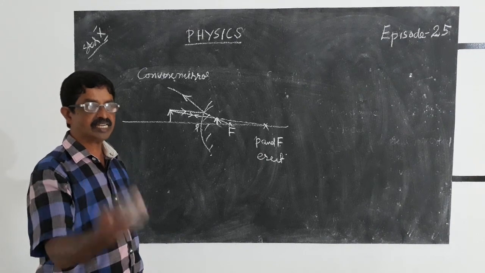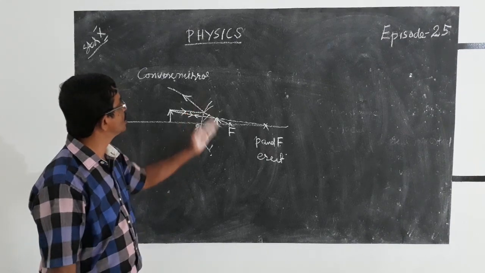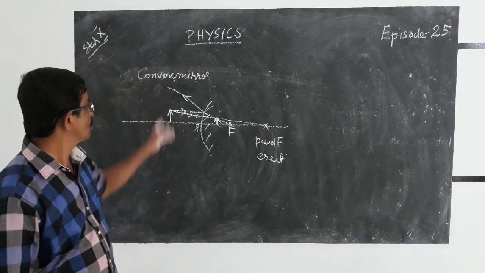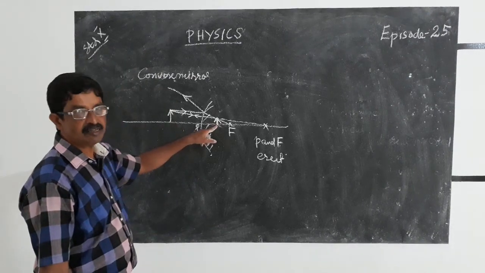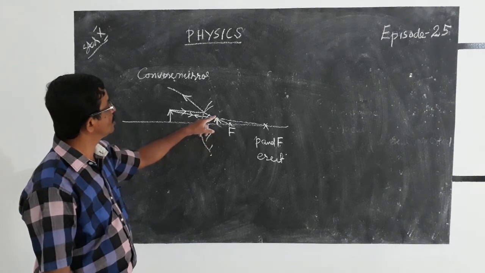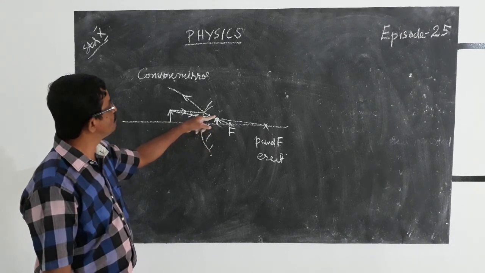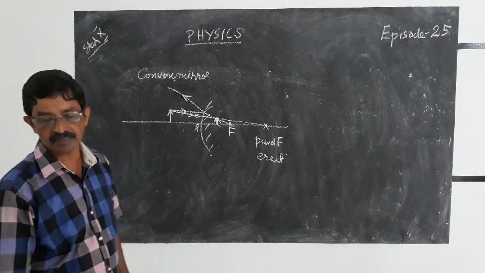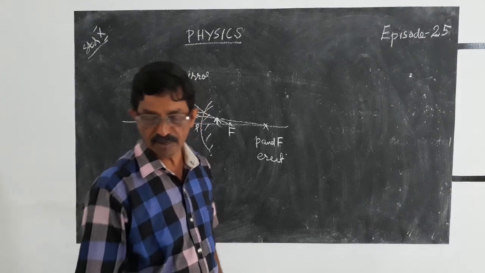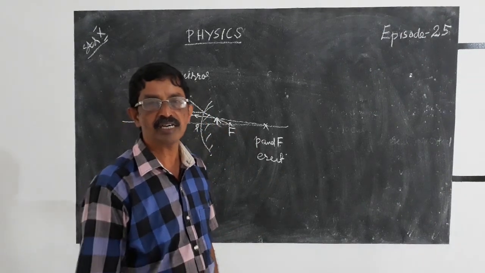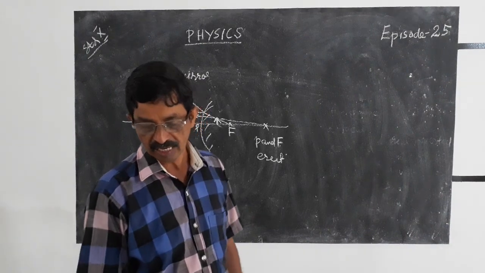What are the things you want to remember about the image in this case? It is small, erect, in between P and F, and not real. These are the things you want to remember about the image formed by a convex mirror.